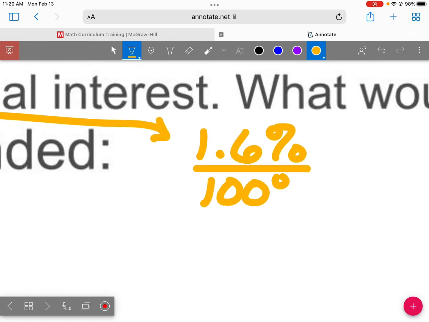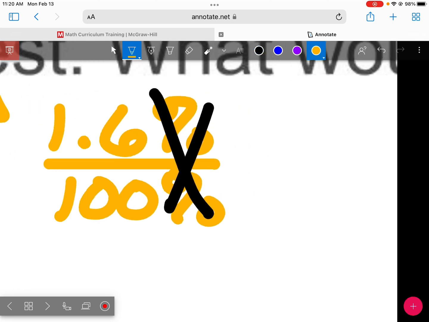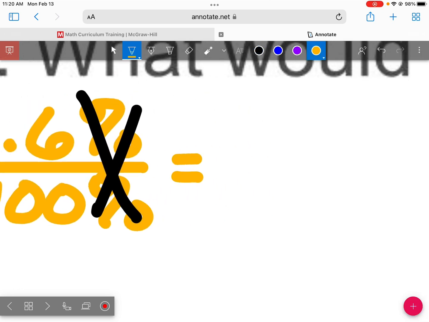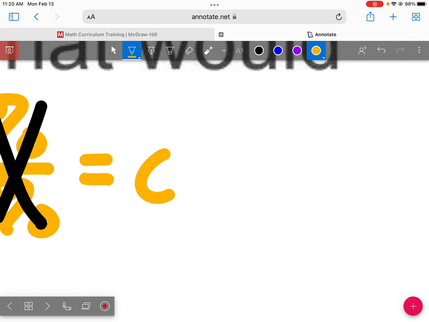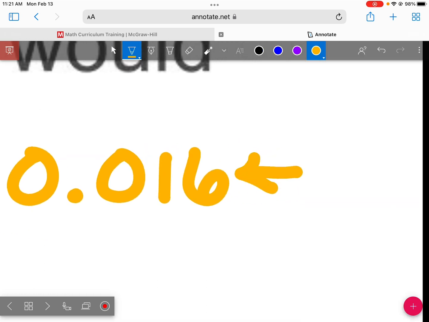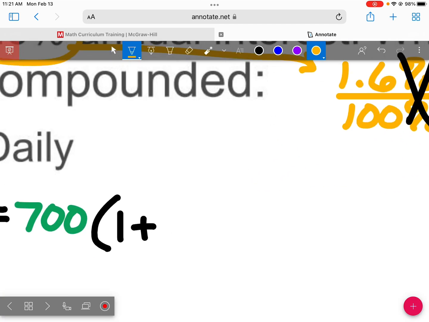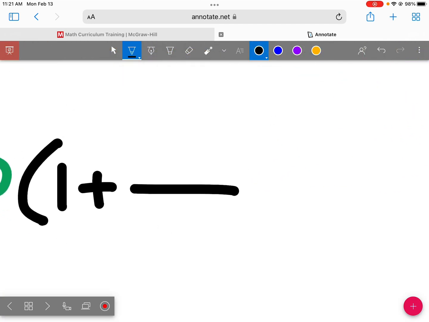So we're going to divide it by 100%. That makes the percent sign cancel out, which means what we're left with is just r. What is 1.6 divided by 100? 0.016. This is what we're going to use for r. So this is the numerator of the fraction on both of these.